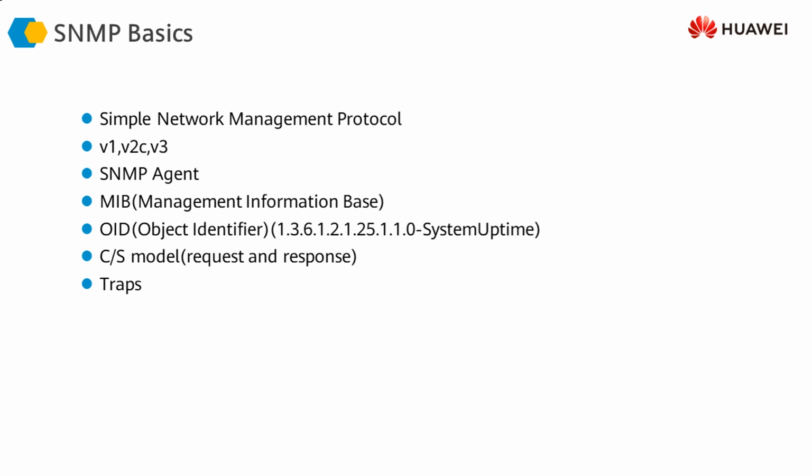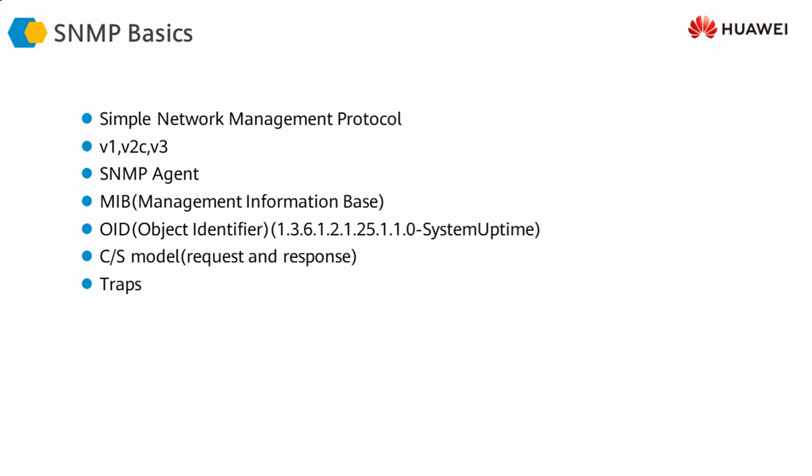All the elements or components within that management information base are uniquely identified by what we call the object identifier. This, for example, is the OID or object identifier for system uptime. If you want to know the system uptime of a device, this is what you would be using.